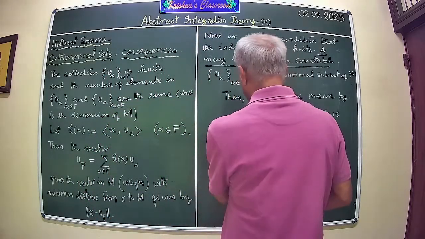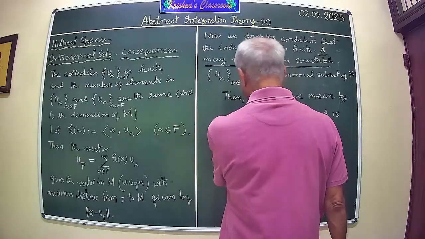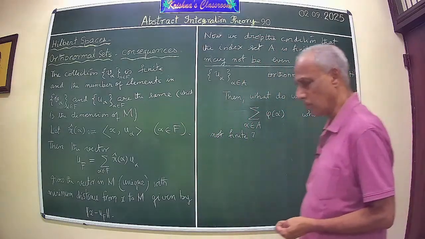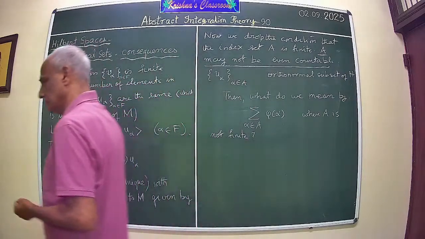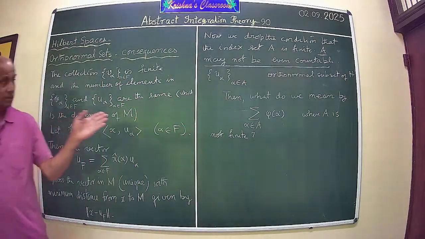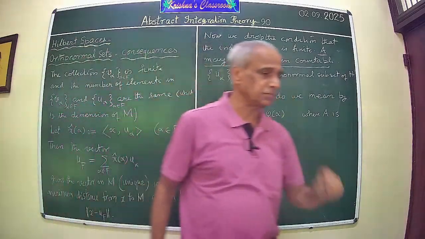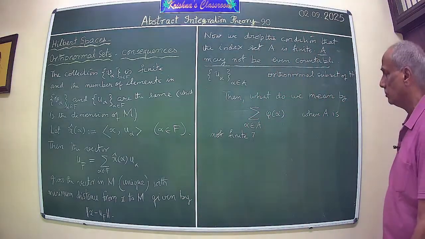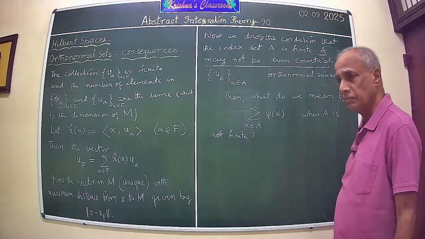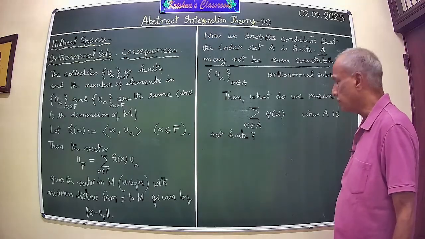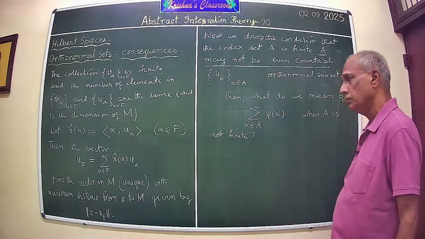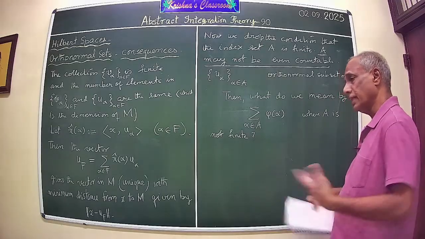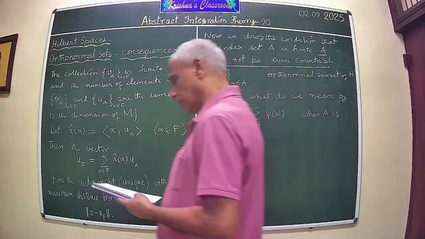So A may not be even countable. If it's countable, possibly you can write down a series, and then talk about its convergence, etc. Because when it is finite, no such problem arises. So it's a finite sum, well defined. But the moment it becomes an infinite sum, the concept of convergence comes into play. When it is uncountable, what exactly is the meaning that you attribute?